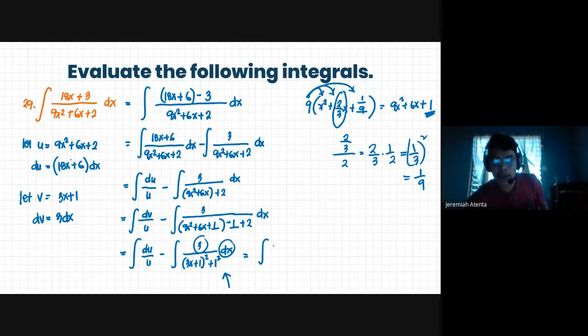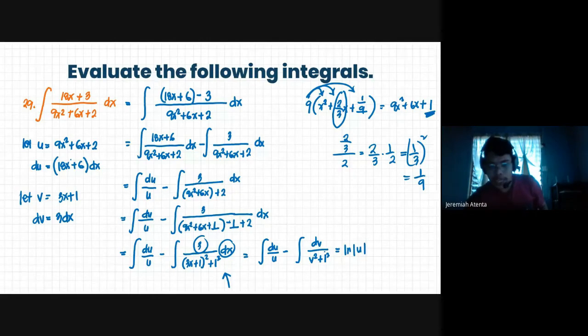So from that, this will become the integral of du over u minus the integral of 3 dx is just dv over v squared plus 1 squared or just 1. Okay na yon. Okay, lagyan na lang natin ng 2 squared. So from that, the integral of du over u is ln u, right?